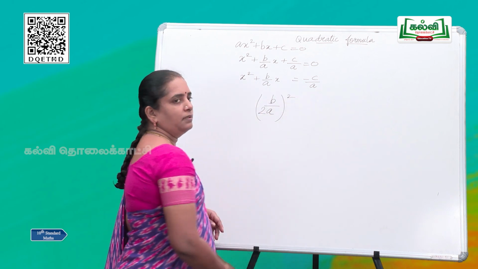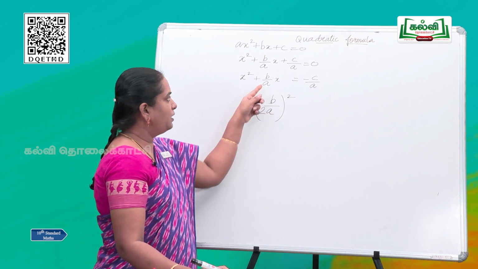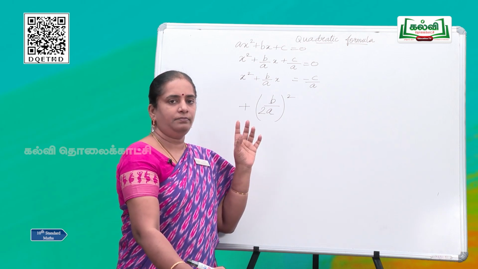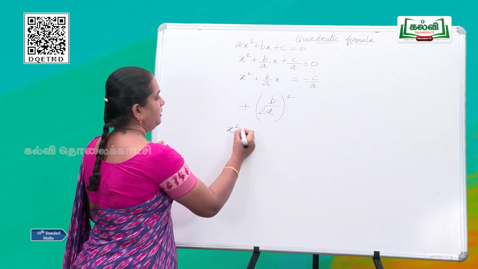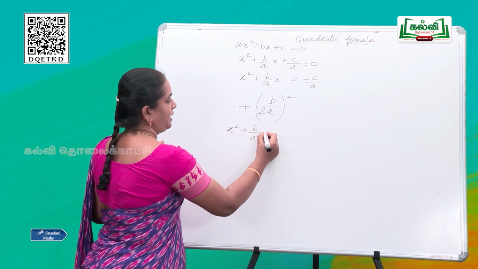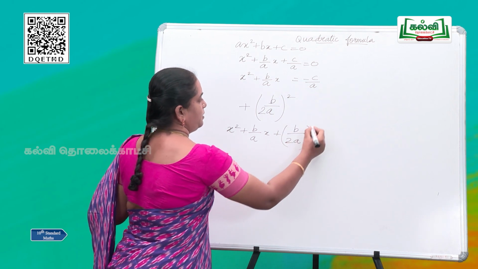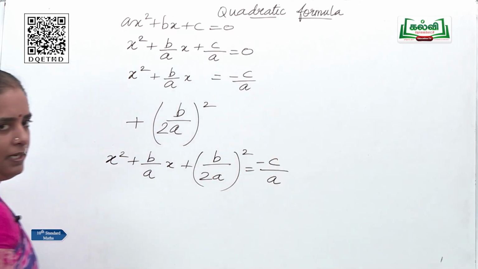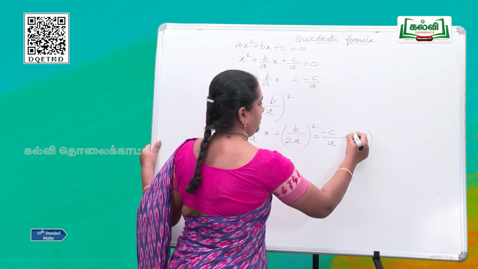So, add this both sides, add the half of the coefficient of x to the whole square, both sides. So, if we add, it becomes x square plus b by a x plus b by 2a the whole square is equal to minus c by a plus b by 2a the whole square.